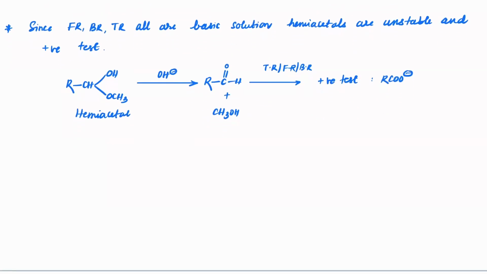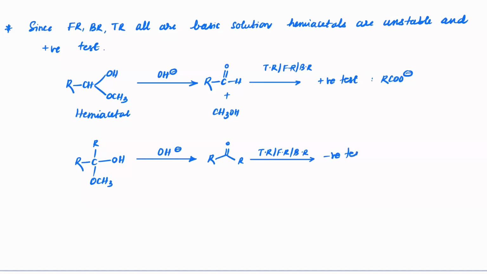So any hemiacetal can give, but the hemiacetal after basic hydrolysis should only give you aldehyde and not ketone. Which means not all hemiacetals can give. For example, if you have this R and then we have OH and OCH3, this is also regarded as hemiacetal. But with OH minus, it will convert into a keto form. Since it is keto form, with Tollens, Fehling's or Benedict reagent, this will be negative test.